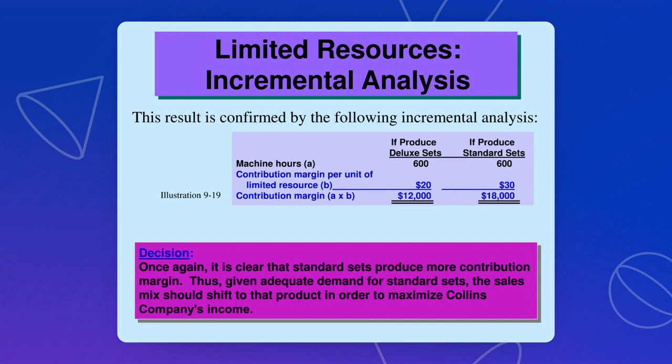Once again it is clear that standard sets produce more contribution margin, so given adequate demand for standard sets, the sales mix should shift to that product in order to maximize Collins Company's income. So that's our choice now, class. Again, our decision is to produce standard sets because it has the highest CM, and at the same time the highest total contribution margin.